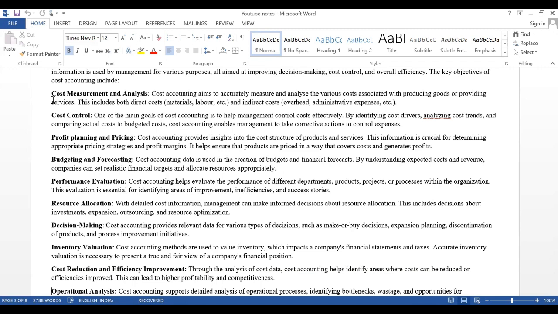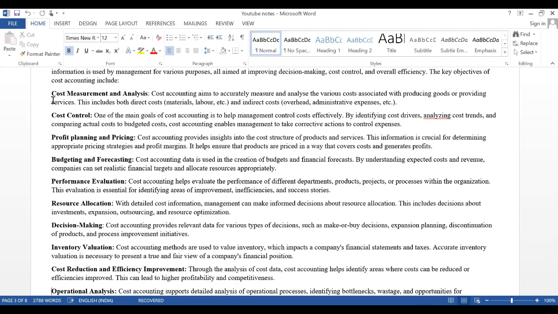And next is profit planning and pricing. Again, when we prepare the cost sheet, we come to know what is the cost of production of that particular product or service, right? When we know the cost of production, then we can ascertain how much profit we are keeping, like what percentage we are keeping as profit.